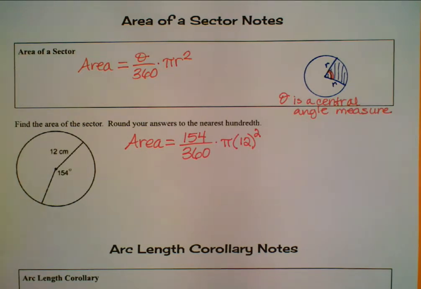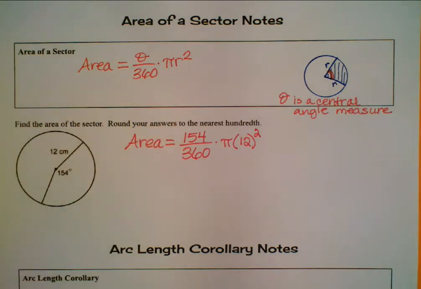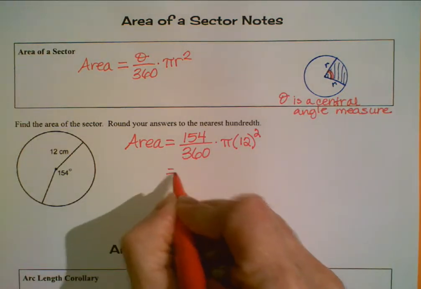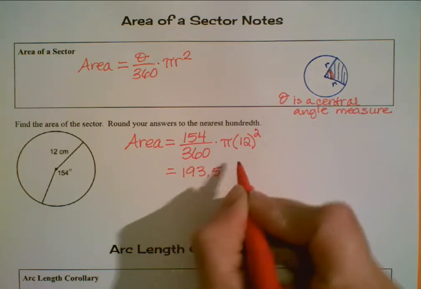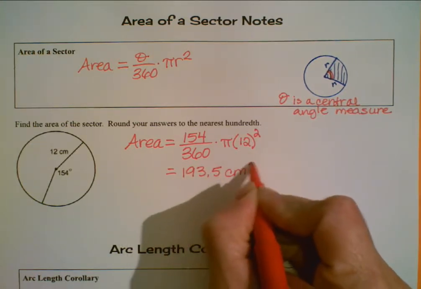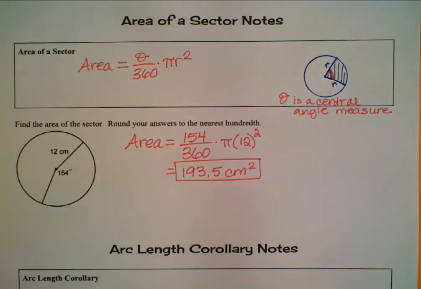Now you should be able to type this into your calculator all at once: 154 over 360 times pi times 12 squared. Rounding to the nearest hundredth, we end up with an area of 193.52 centimeters squared. And that takes care of how we find the area of a sector.